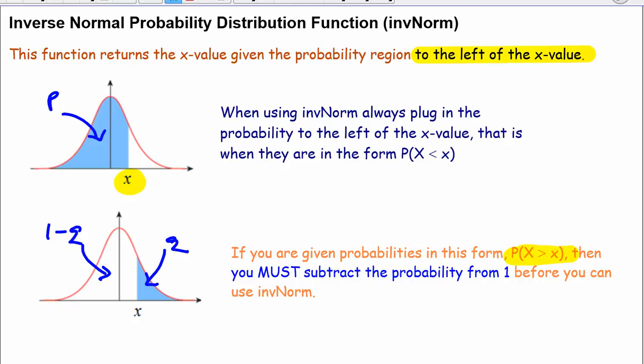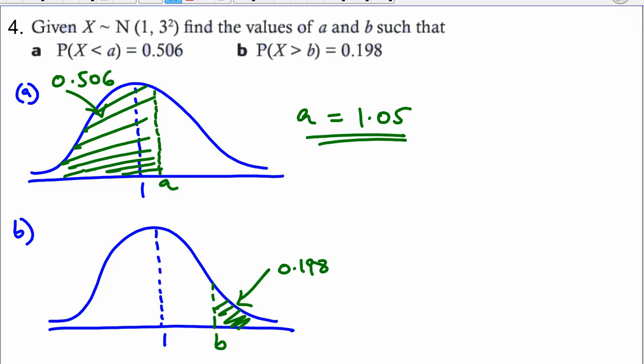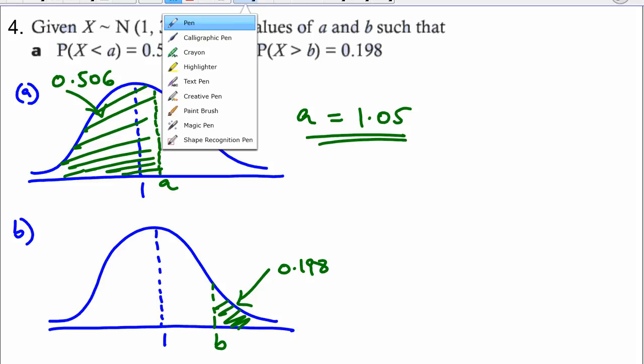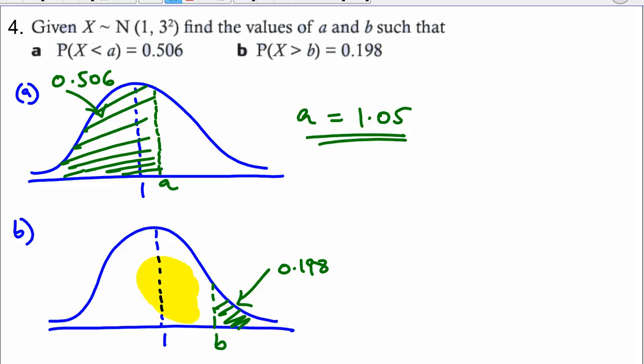Now, what we said here is this: if you're given probabilities in this form, then you must subtract the probability from 1 before you can use the inverse normal. So what we need is this probability here. To get that probability, we are going to do 1 minus 0.198, which will be equal to 0.802.